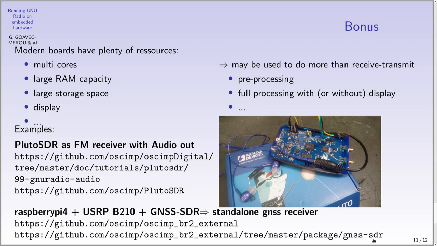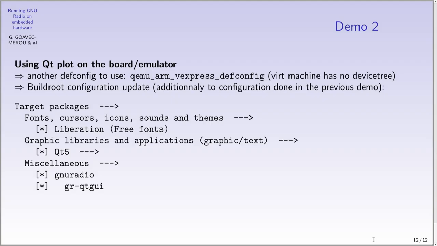So now to have a second funny demonstration, we start directly. If you have a real board, it's possible to directly update your configuration. For QEMU, the first demonstration used a virt machine, and without a device tree.